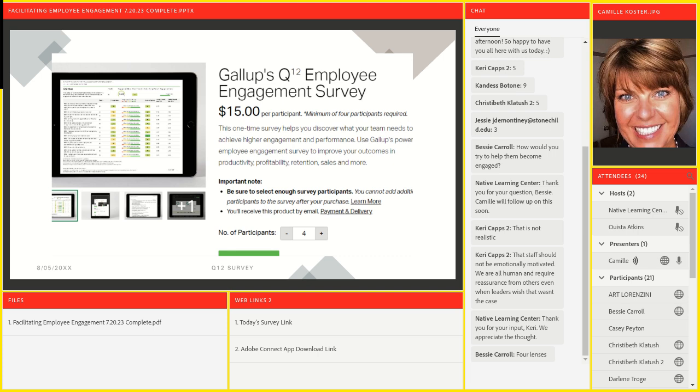With this tool, you will get a survey that focuses on 12 questions, and we'll talk about those 12 questions in a little bit, just in case you want to do this on your own. And then it gives you access for a year to resources, to different activities that you can do, to lots of libraries of things that you can walk through with your staff.